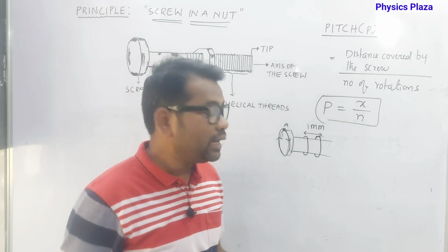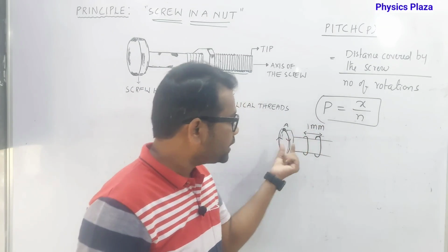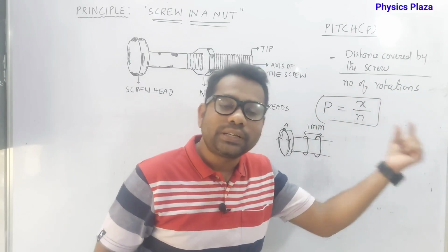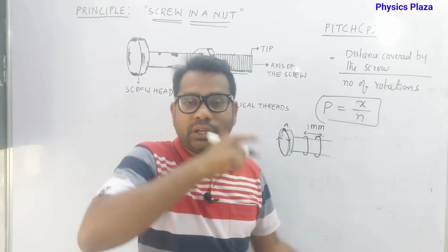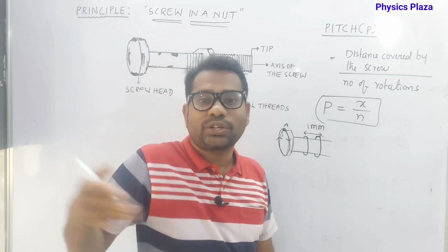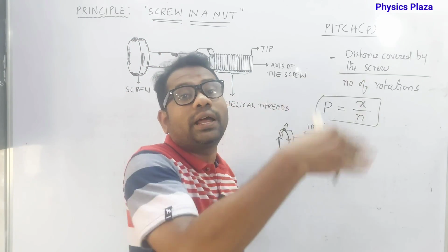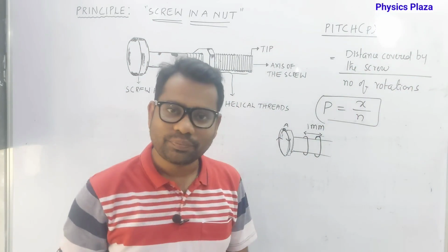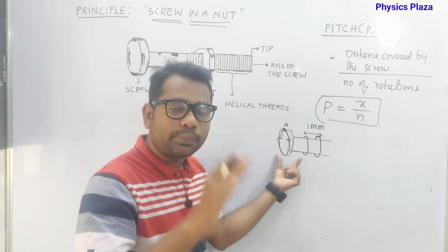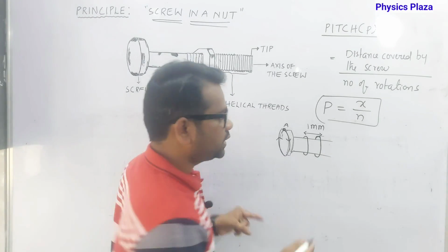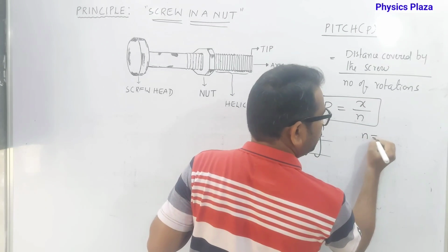So if you make one rotation, then what will happen, children? The screw can cover 1 millimeter distance, which is the pitch. If you make two rotations, 2 millimeters. If you make n rotations, then it can cover n into 1 millimeter. According to this, children, let us suppose we are making one complete rotation, that is n is equal to 1.